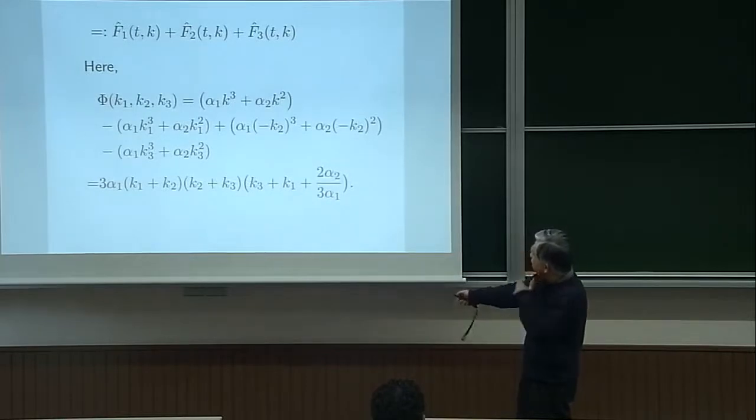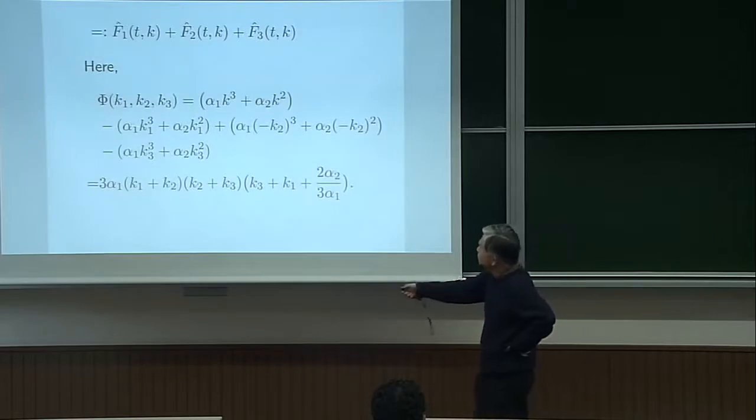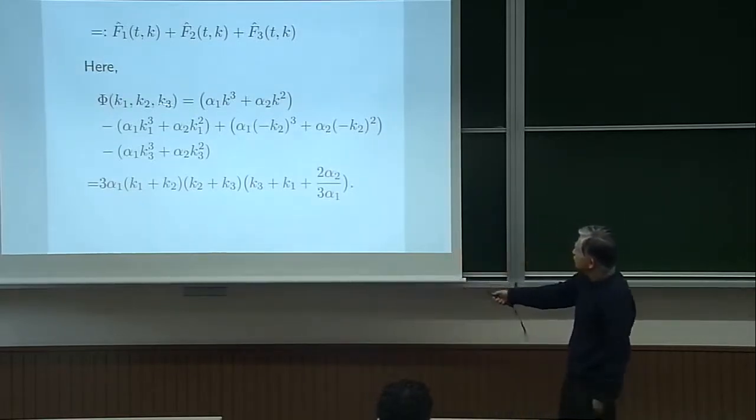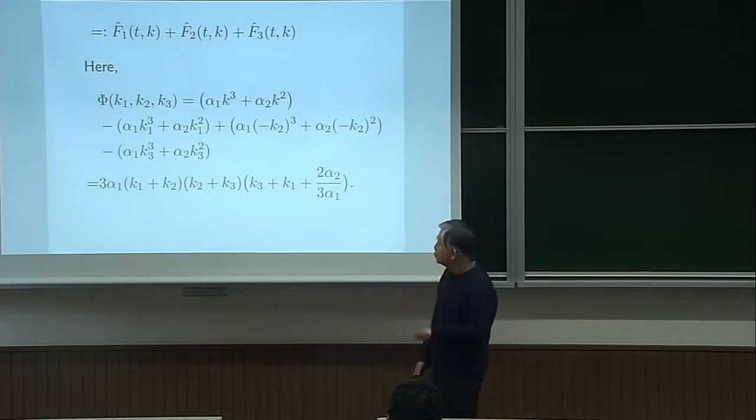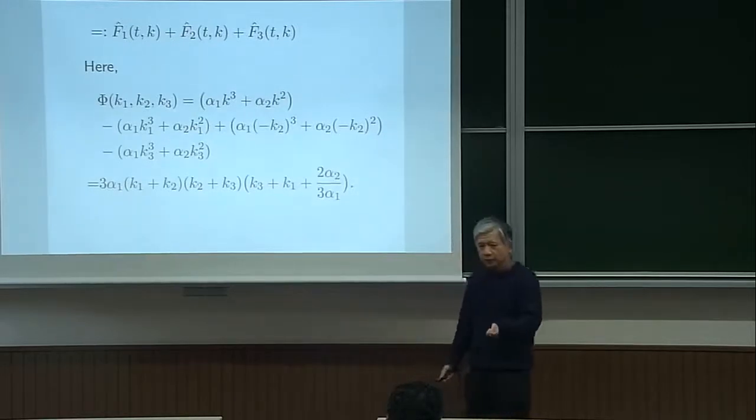This part is the linear dispersion term, right? The Fourier transform of the linear dispersion term. This function phi represents the interaction of four waves. More precisely, the interaction of three waves produces one new wave.